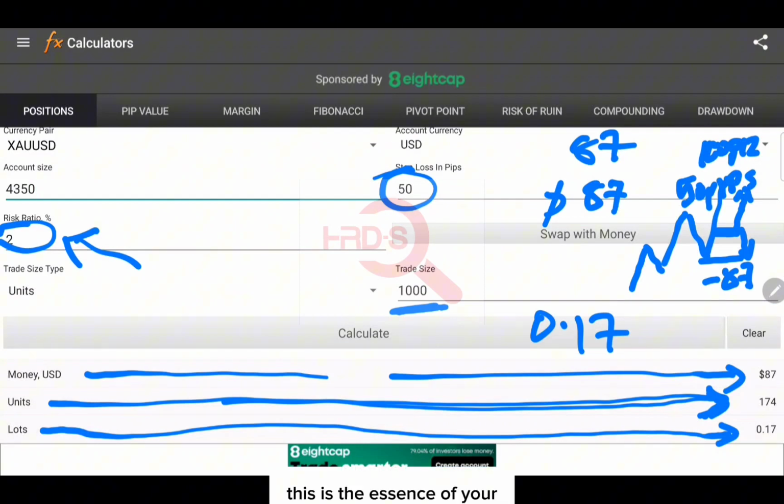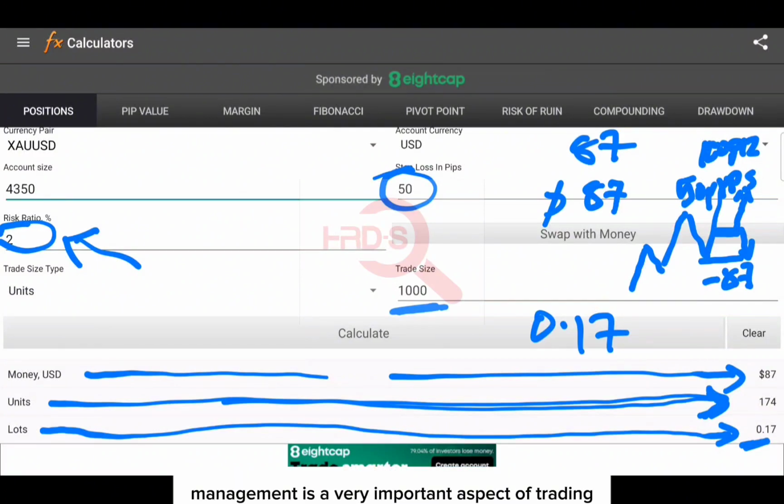This is the essence of position sizing, to tell you the proper lot size to use for your trading, so that you will not lose more than you anticipated or more than you can tolerate. You see that risk management is a very important aspect of trading.